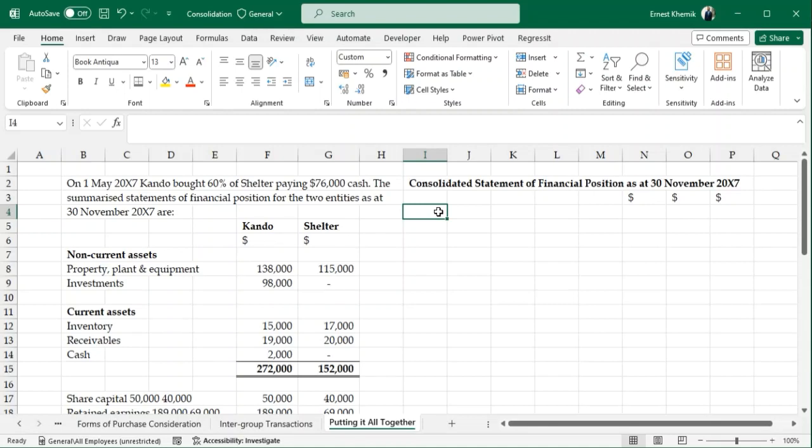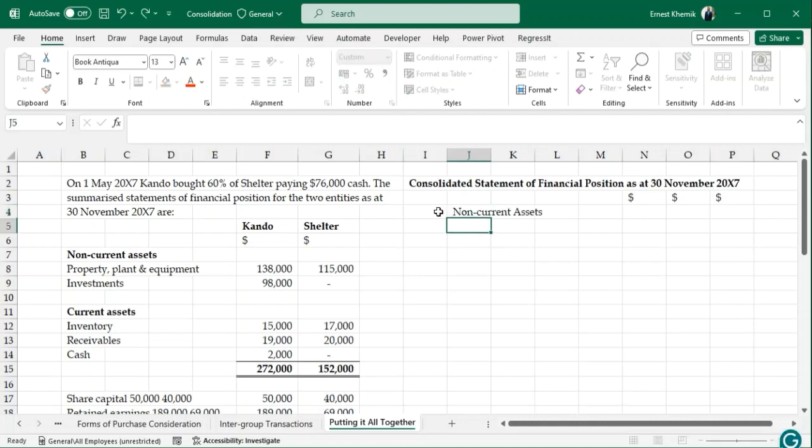So always draw up the pro forma before you go to the workings. So we will have our non-current assets. For the non-current assets, we will have property, plant and equipment, which you can actually shorten as PPE, and then when you are writing manually, you can bring your brackets, PPE, bring your brackets, and then you put your figures in there.